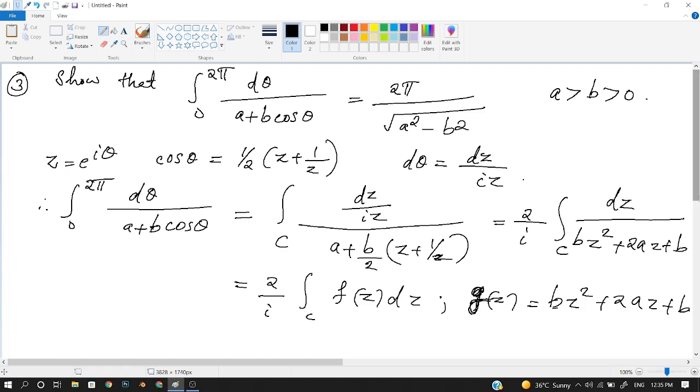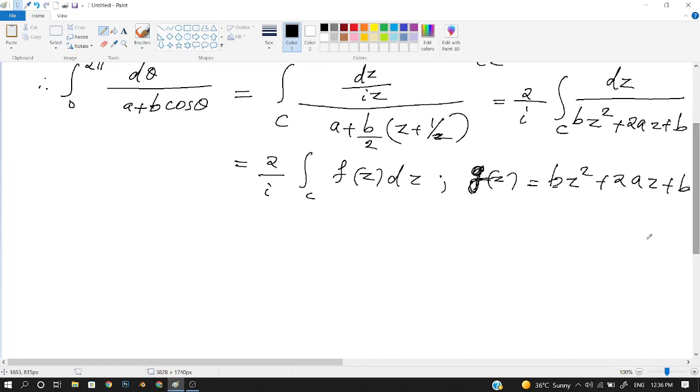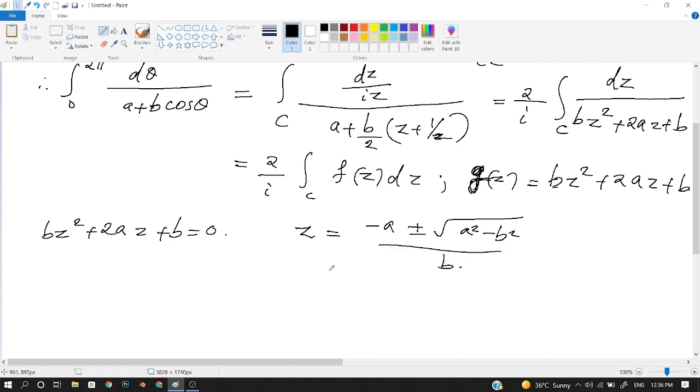Now here, in order to find the singularities, we have to equate the denominator to 0. That means we have to equate g of z to 0. Thus we have bz square plus 2az plus b equal to 0. So that will give you z equal to minus a plus or minus square root of a square minus b square, divided by b.